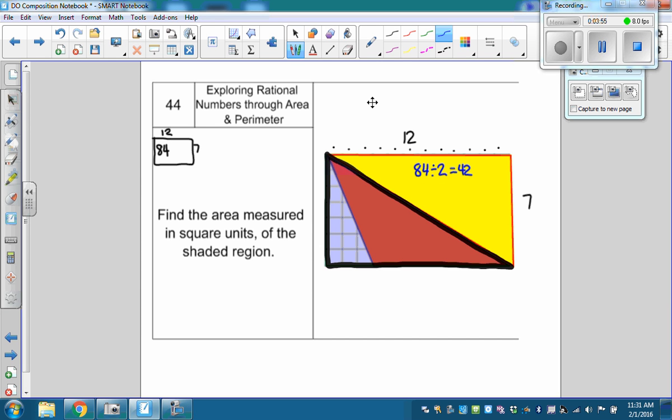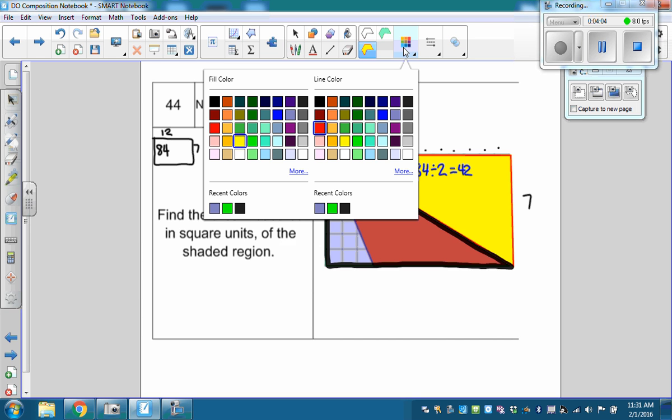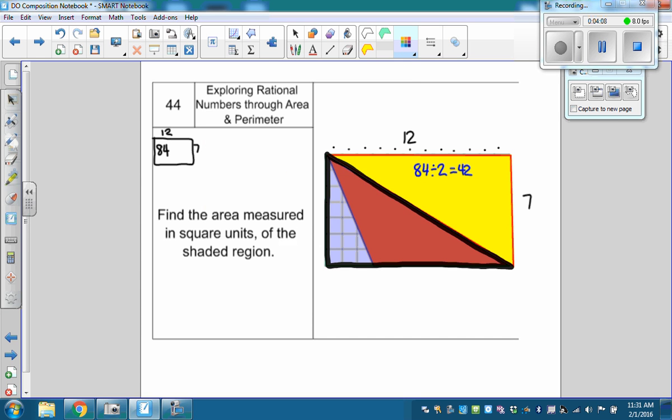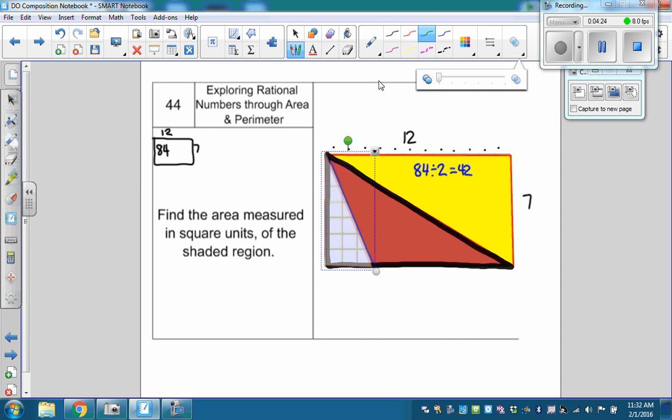So if I make one more triangle and fill it up here, from here to here to here to there, if you look through here, you can see that this triangle is 3 units by 7 units.